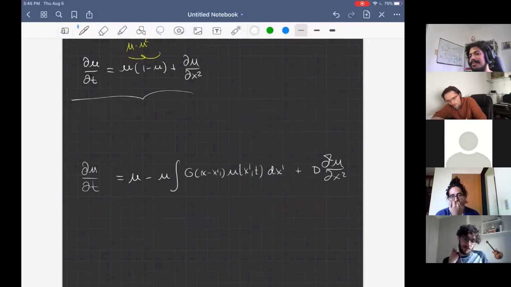This equation, you can find it in the literature, is the non-local Fisher-Kolmogorov equation.